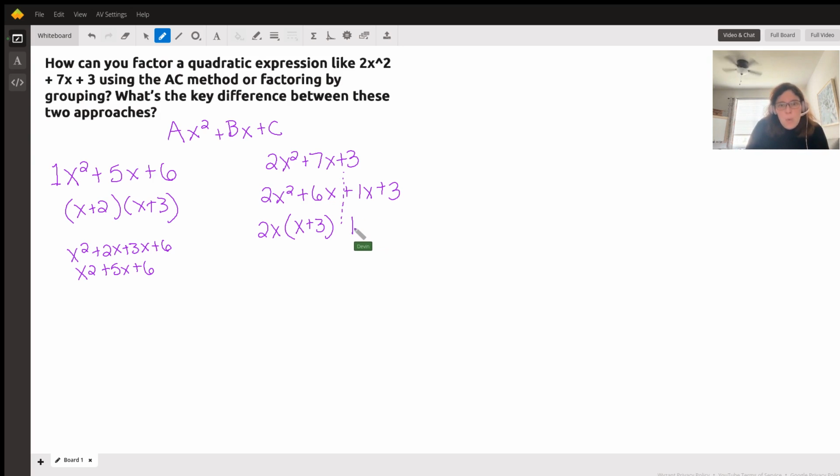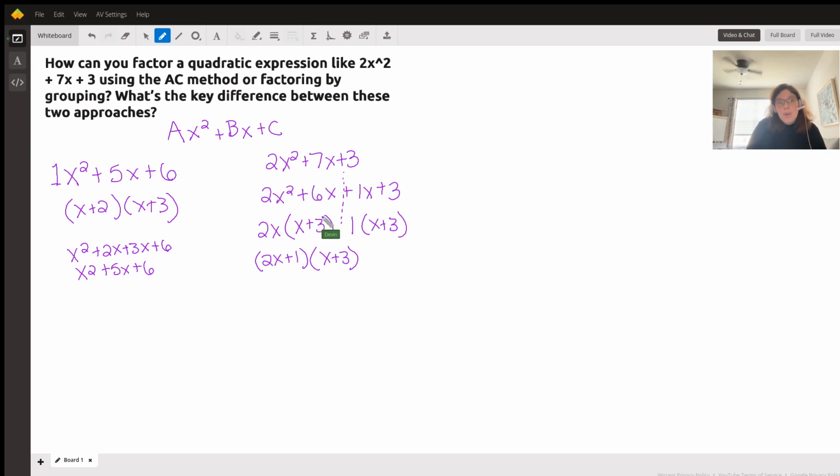So we have 1, and again, that's going to be a positive 1, and we're left with the x plus 3. So since these two terms are the same, we can pull out this 2x and the positive 1. So we have 2x plus 1, multiplied by x plus 3, and this will be your final answer using the AC method followed by factoring by grouping.